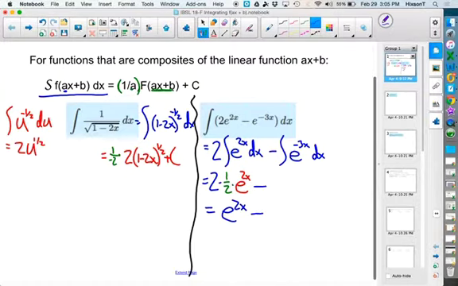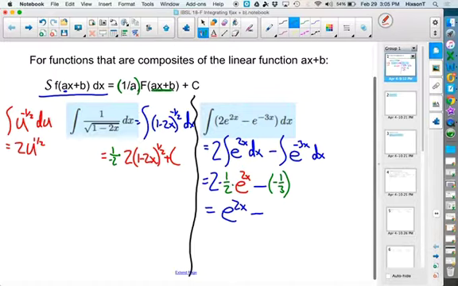But we have this other half that we've got to deal with. So minus negative 3. So 1 over, so negative 1/3. Good. We're going to have a negative 1/3 because the linear function is negative 3x and its derivative is negative 3. So it's 1 over negative 3 times, what's the integral of e to a power?